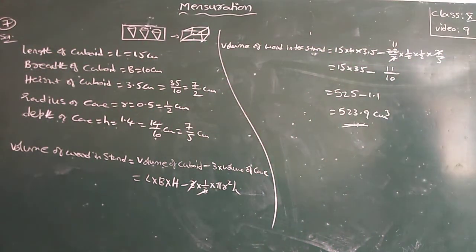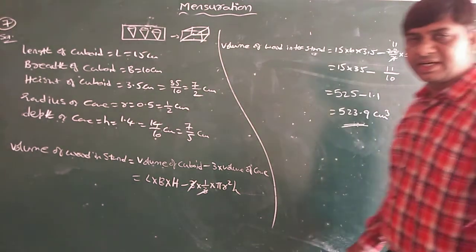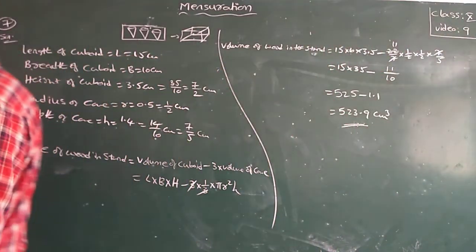To identify that, I showed it. Length, breadth, height they gave. Radius of the cone given. Depth of the cone is the height of the cone only. Volume of the wood in the stand is equal to volume of cuboid minus volume of 3 cones. 523.9 cubic centimeters. Please write down this.